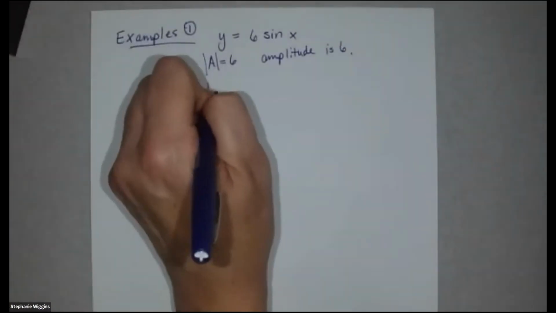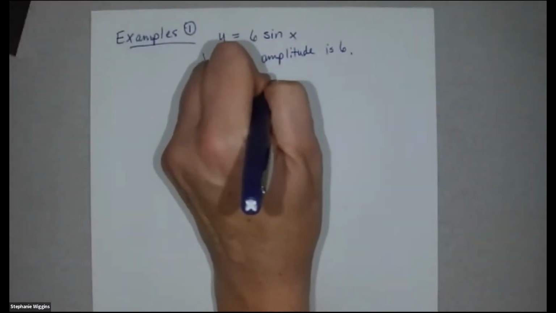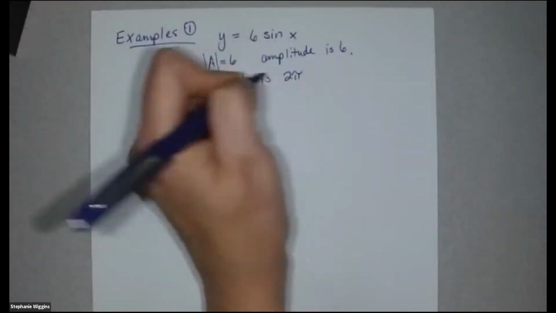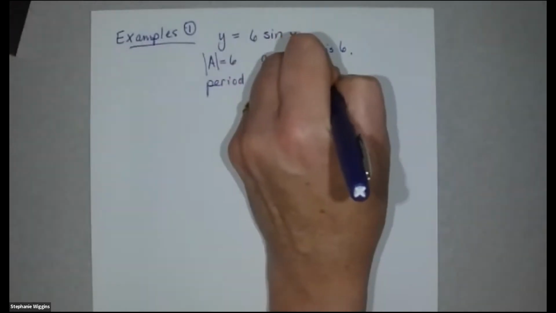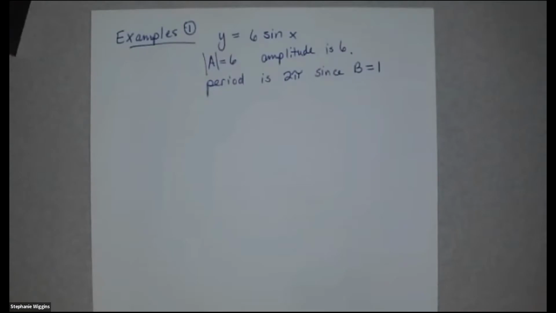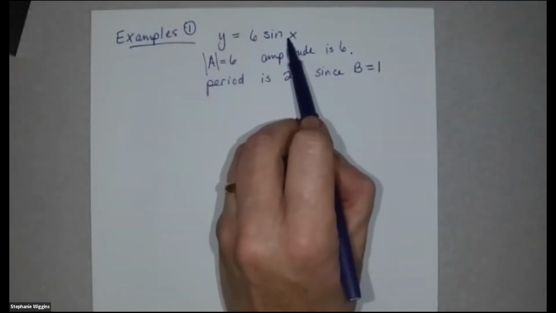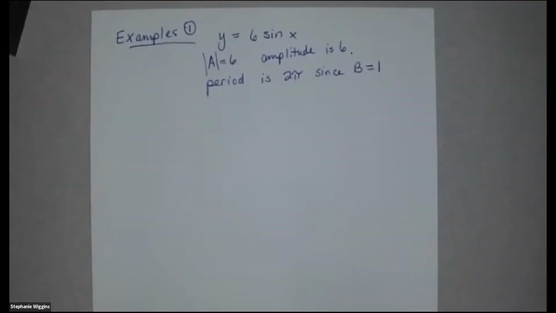Now, the period for this one is 2 pi, okay, since our b is equal to 1. Okay, so b is this constant in front of the x. Well, there's nothing there, so it's assumed to be 1.